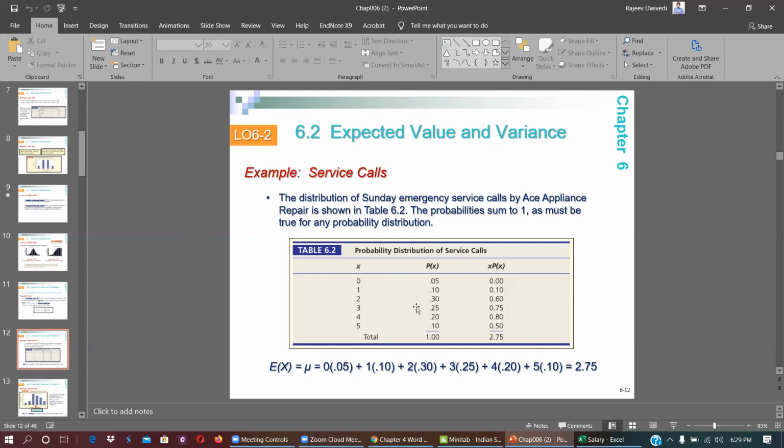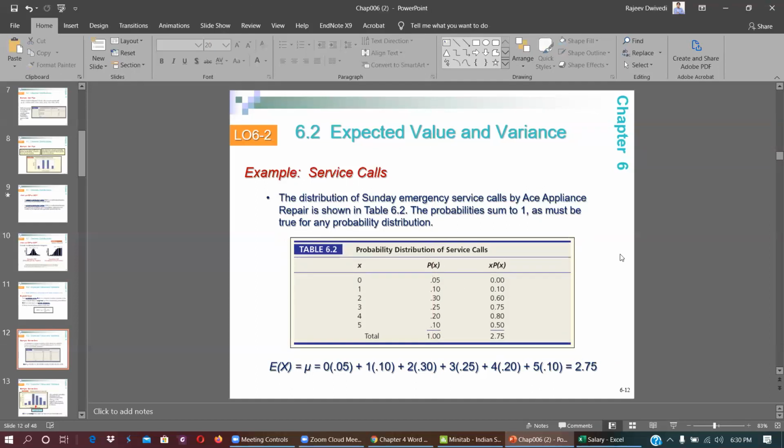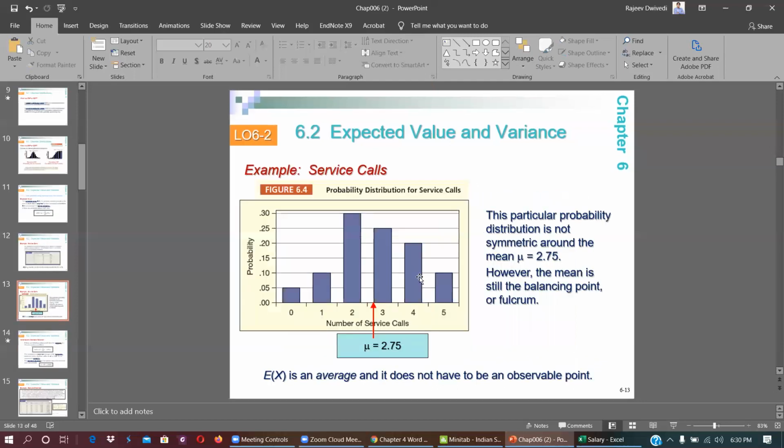So the expected value is each event multiplied by its event probability, for events 0, 1, 2, 3, and then summing all the possible options. The expected value is denoted by mu, which is also the mean.